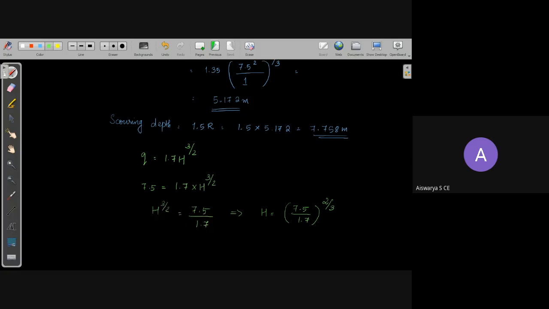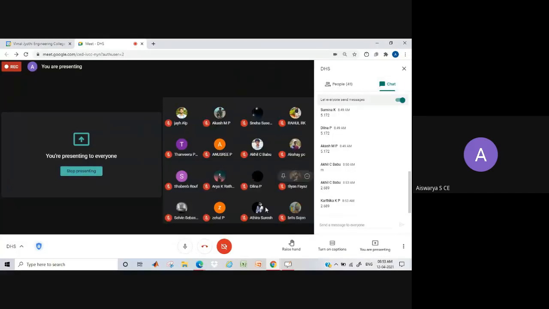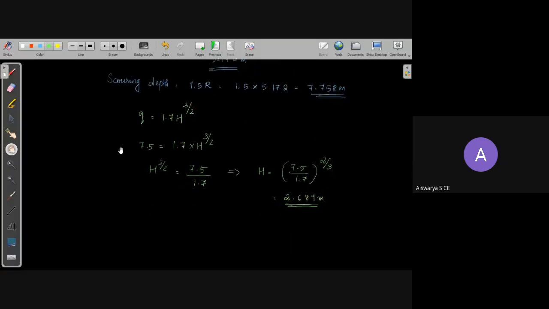You need to write it as 2 by 3, the inverse of 3 by 2. Now what is the value of height? H equal to 2.689 meter.